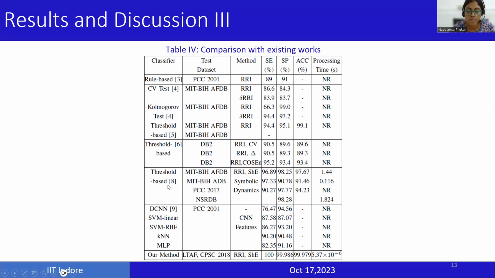The work by Zhao has reported the processing time, but the processing time of our method is very, very much lower than this method. We have also seen that the sensitivity, specificity, and accuracy of our methods are higher. And we have also calculated the model size, which is not available in the previous works.